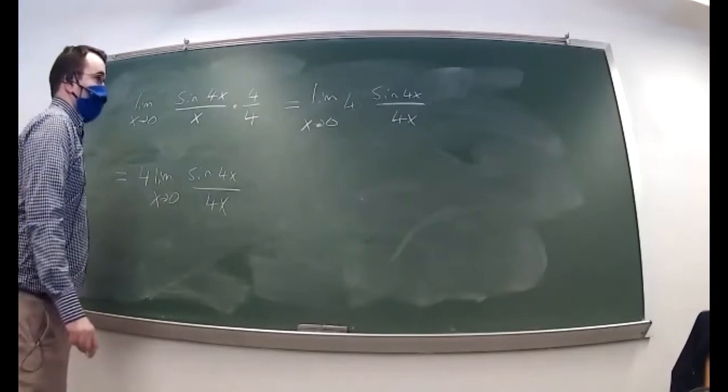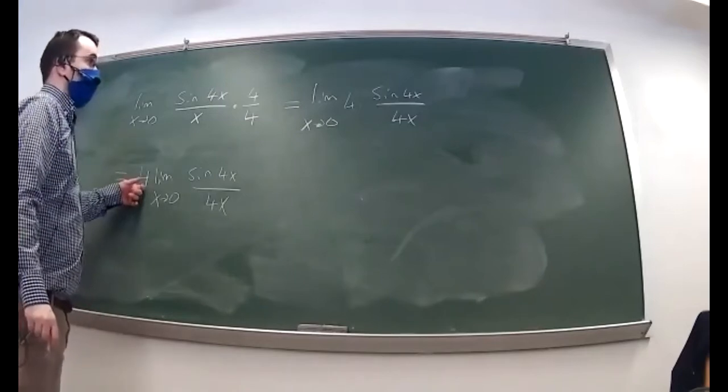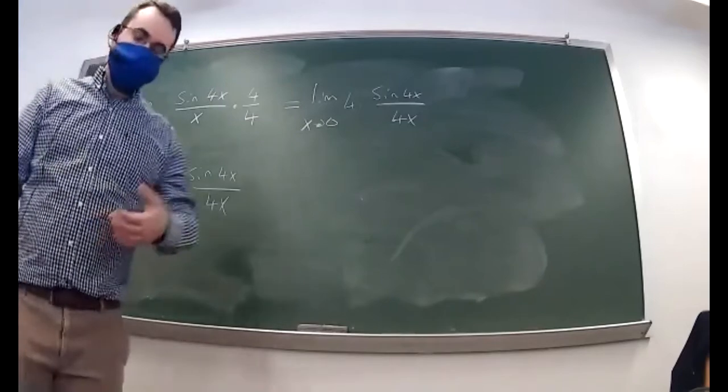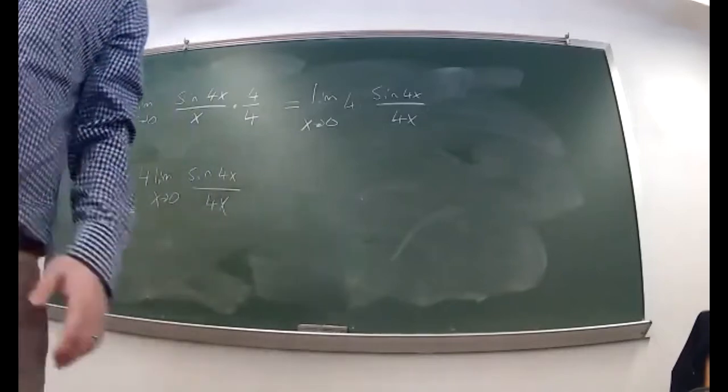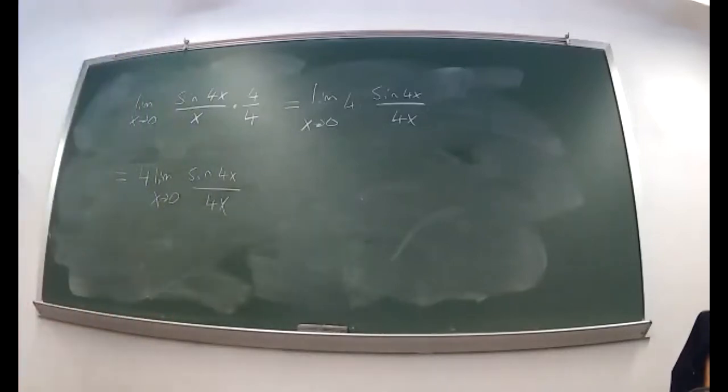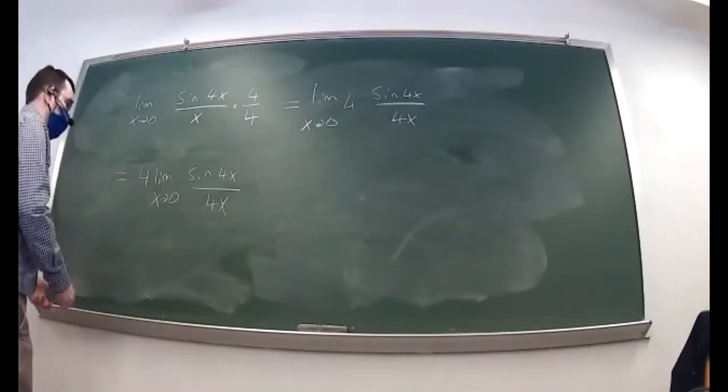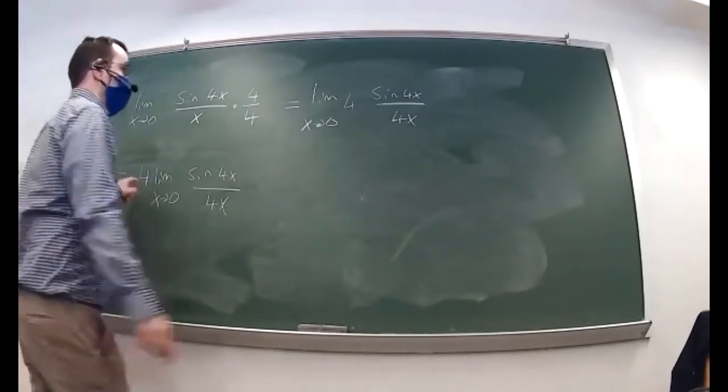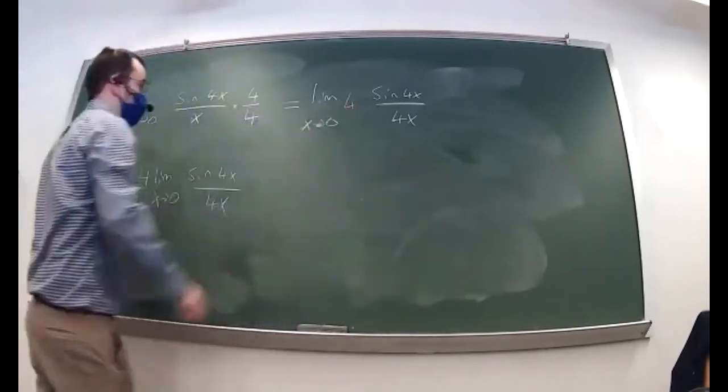Which makes sense for sure. If the limit of x is equal to L, then you would reasonably expect the limit of 4 times x to be equal to 4 times L. That's what this constant limit law is saying.